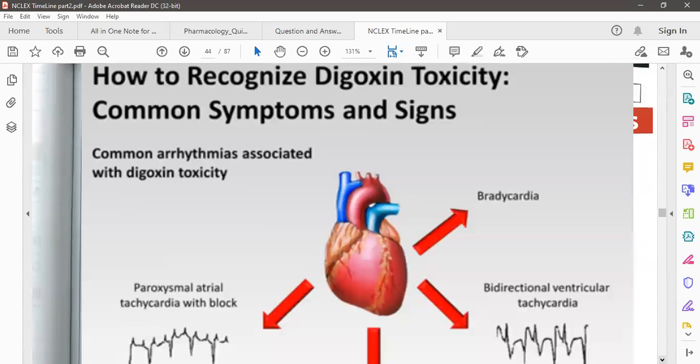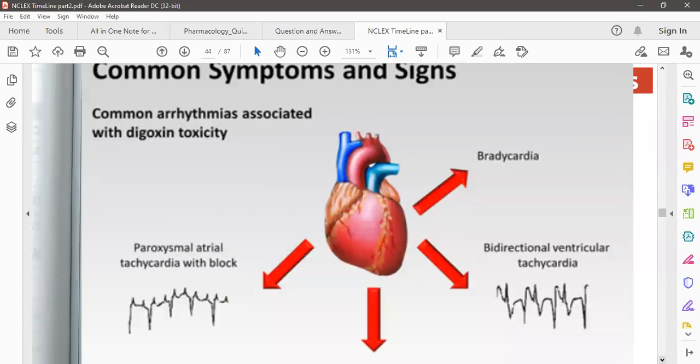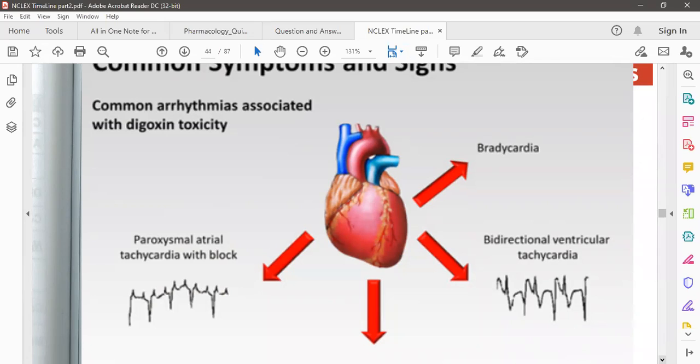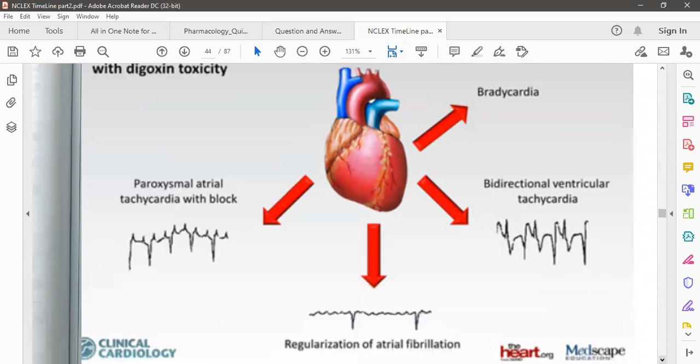Here we go. How to recognize digoxin toxicity and common symptoms and signs. Patient has common arrhythmias associated with digoxin toxicity. Maybe they have bradycardia, and bradycardia is the warning sign of toxicity in infants and children, as I told.